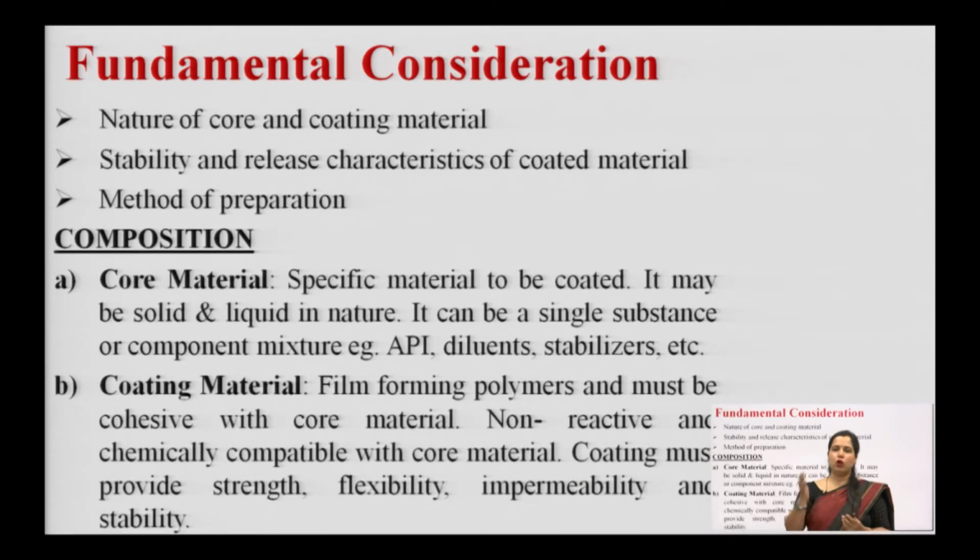Definitely, if we are coating the API or the active constituent, we must ensure that the particle formed in the process should be stable at a particular temperature, at a particular pH, through the particular route by which we are delivering. So, all these properties should be there to select the appropriate polymer for the core material.